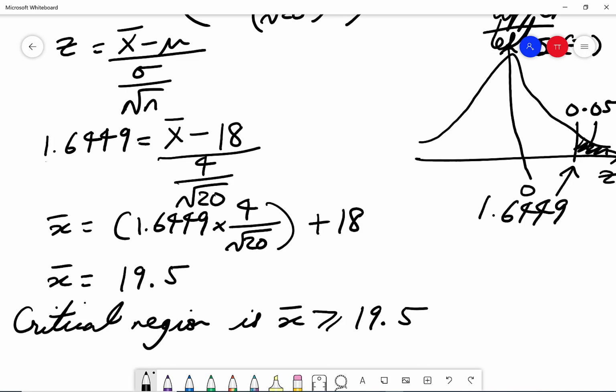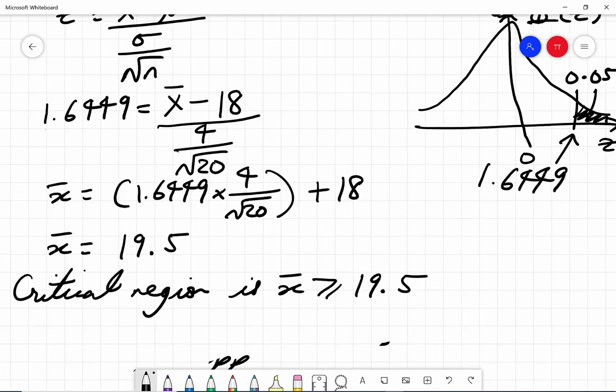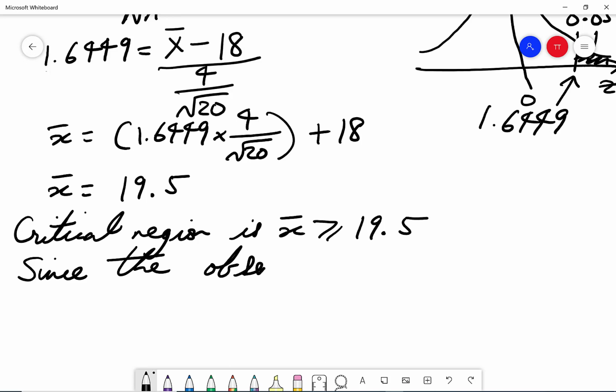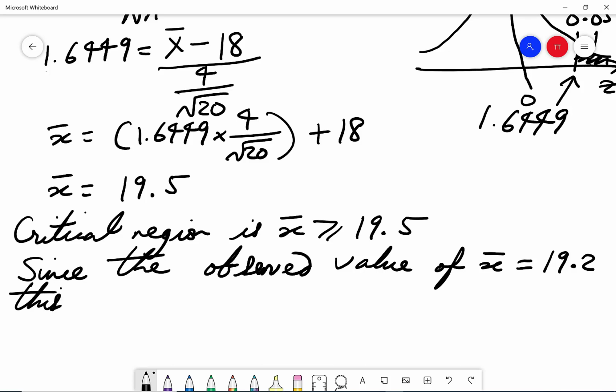And then we can say, well, what's our observed value? Our observed value is 19.2. So we can say the following: since the observed value of x bar equals 19.2, this does not lie in the critical region, CR for short.